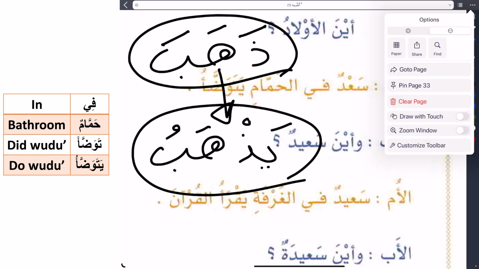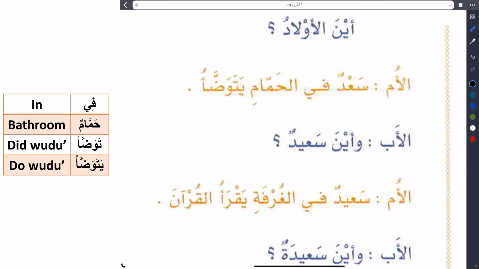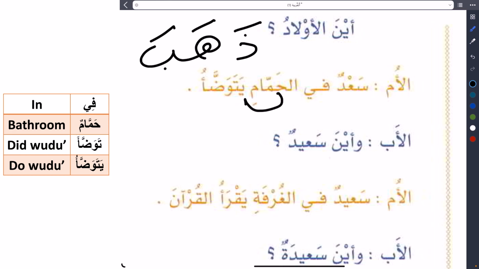Let's do it with the same verb. Dha, ha, ba. This is the past. Let's change it to be present. Start with ya. And when you use ya, the second letter normally takes sukoon.